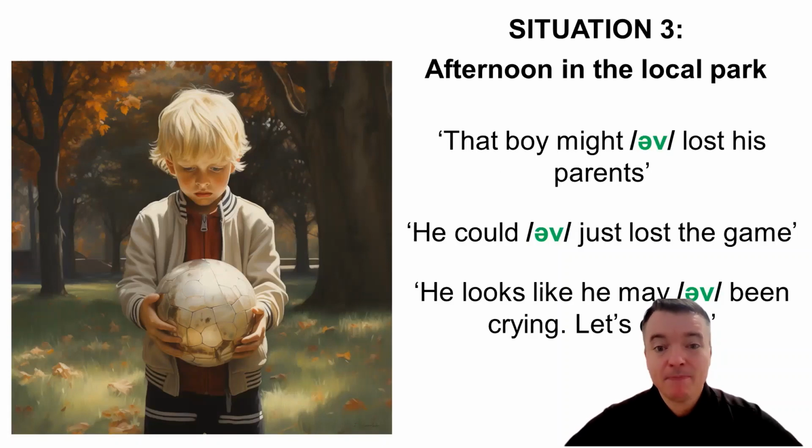He looks sad. He could have just lost the soccer game. Maybe. But he looks like he might have been crying. Let's check. Hey, are you okay? What are your ideas? Type it in the comment.